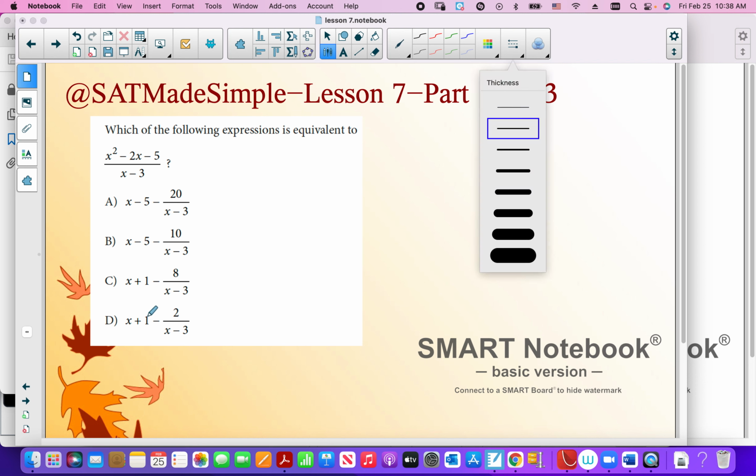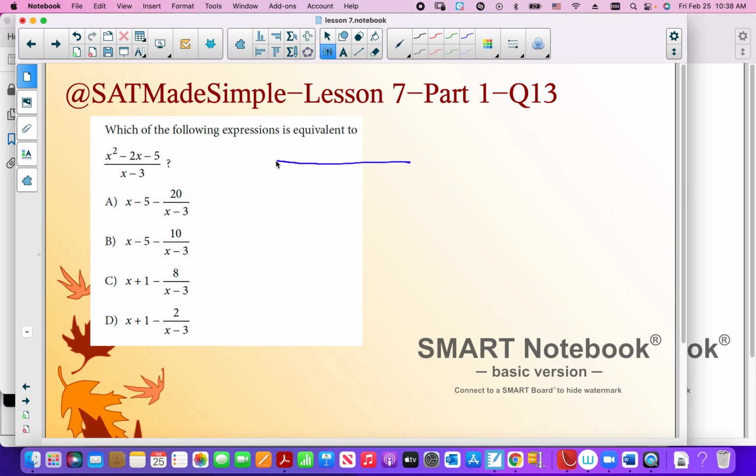Which of the following answers is equivalent to the given expression? We use long division to find that. So my divisor is x minus 3, my dividend is x squared minus 2x minus 5. I should multiply x by x to get x squared, so x squared, x times minus 3 is minus 3x.